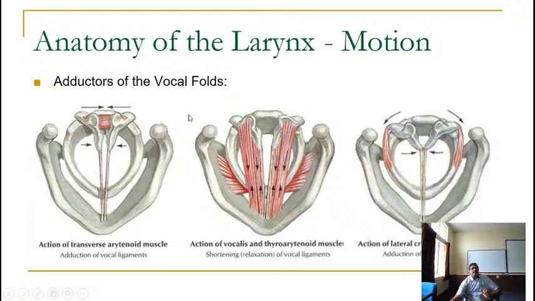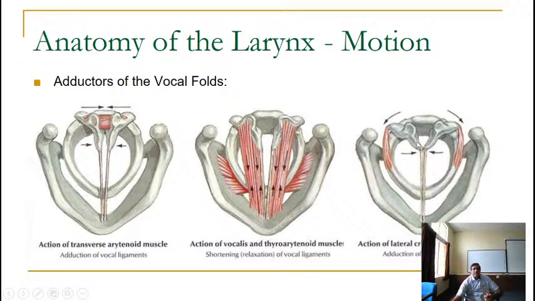So the powerful adductor of the vocal cords is the lateral cricoarytenoid muscle, and the other one is the transverse arytenoid muscle, which brings the arytenoids together.